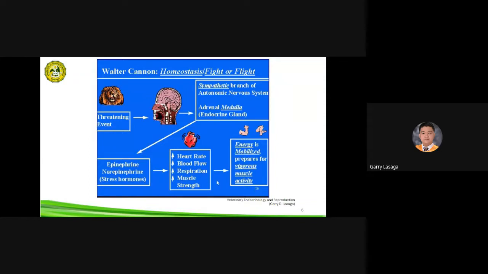So after this, a majority of the body parts will be activated. Of course, when you are faced with a threatening event, a frightening event, or an emergency case, this will be the usual thing that will happen. So there will be increase in the heart rate, increase in the respiration, increase in the muscle strength, and the blood flow. So at this point, the energy will be mobilized from the body to prepare the body for vigorous muscle activity.